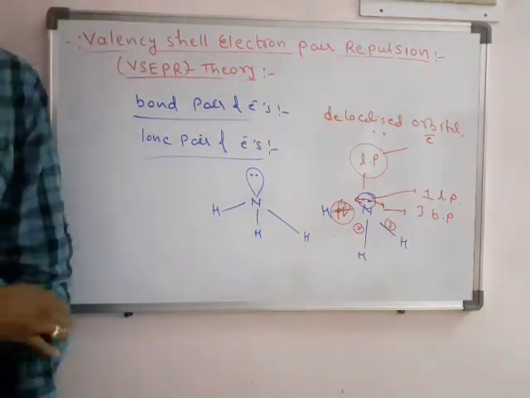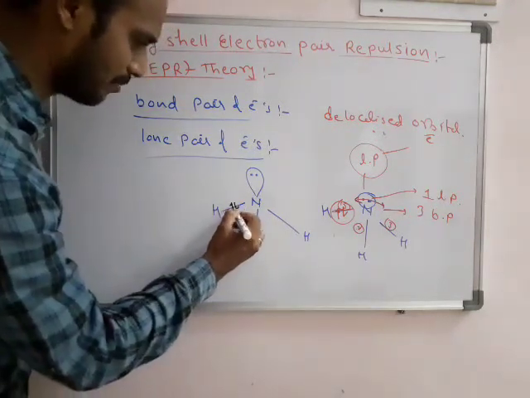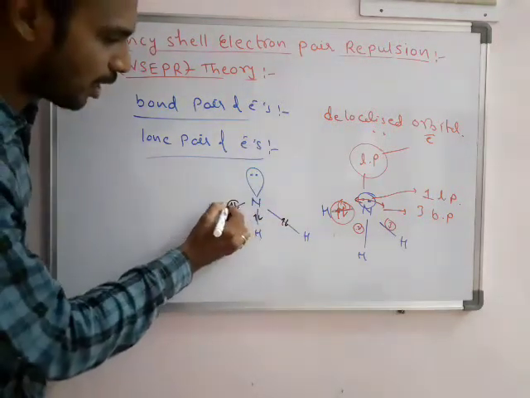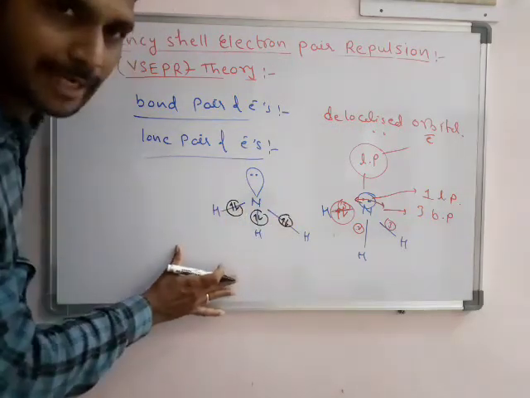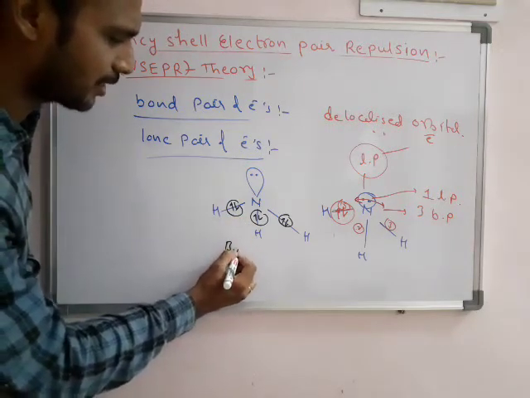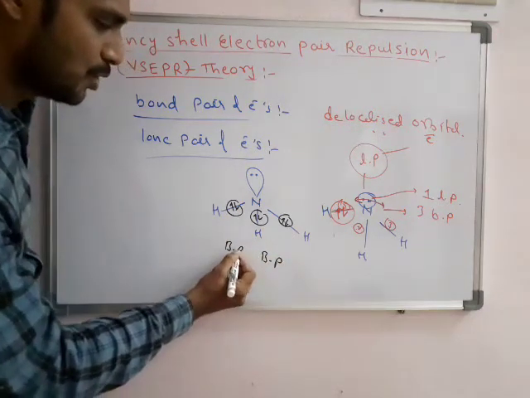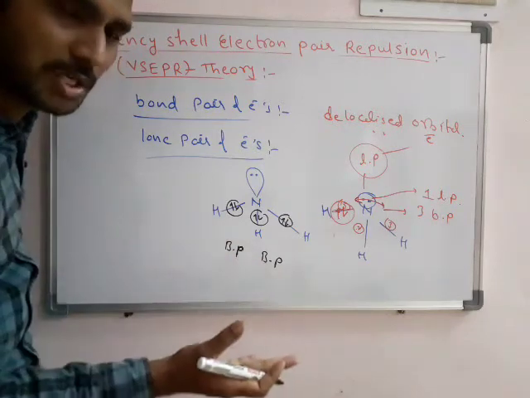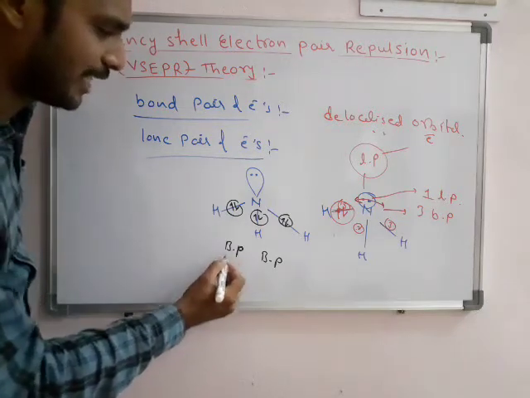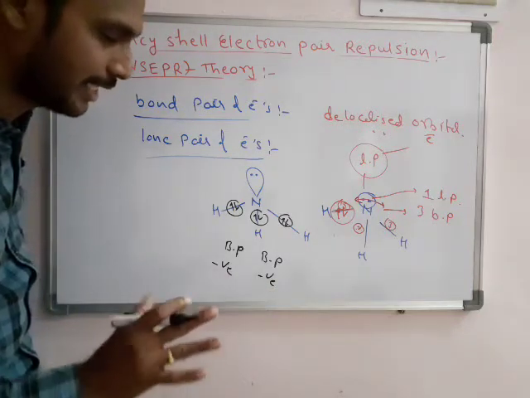We just discussed that the bond pairs are perfectly fixed. For example, this is a bond pair, this is a bond pair, and this is a bond pair. These bond pairs are fixed between two atoms. Bond pairs of electrons carry negative charge, so repulsions are compulsory between them.